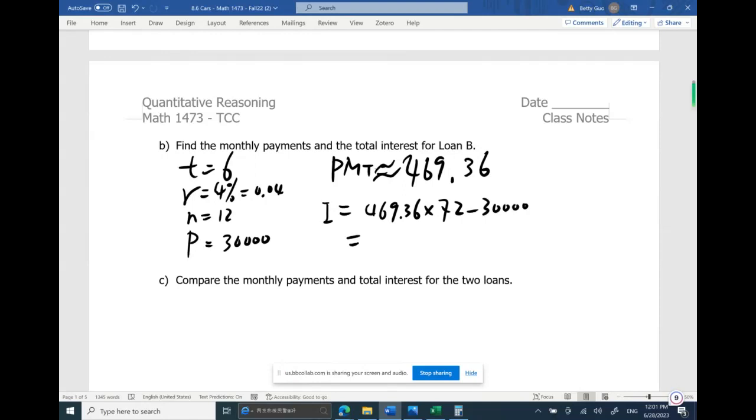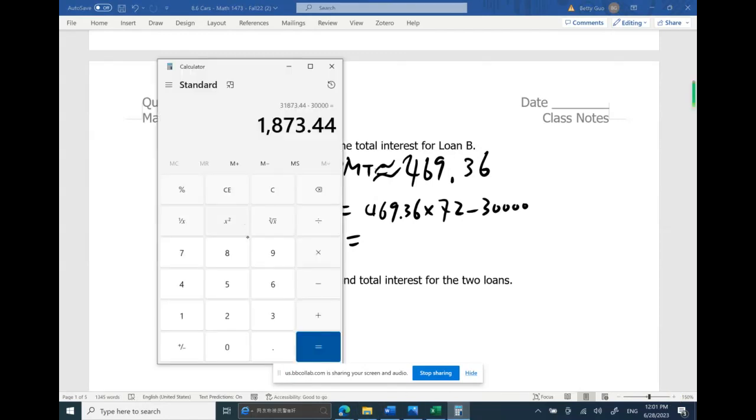Okay, let's do that calculation on the calculator. 469.36 multiplied by 72 and then minus 30,000. And that is the cost.